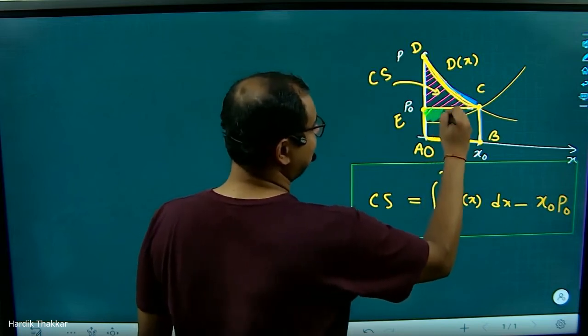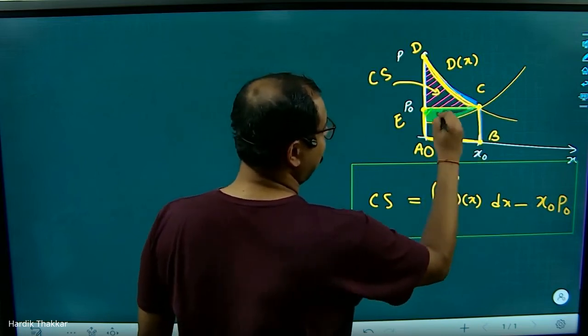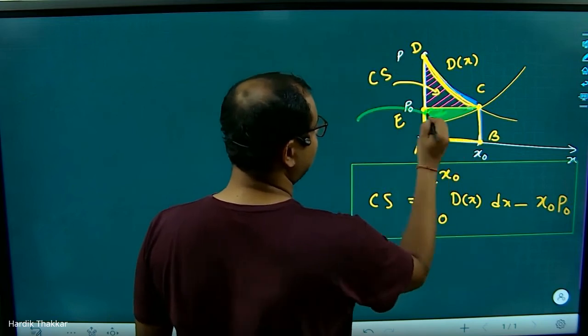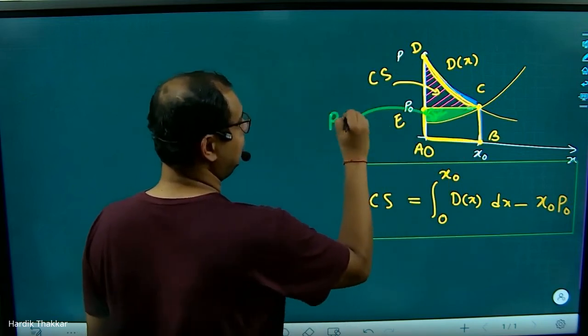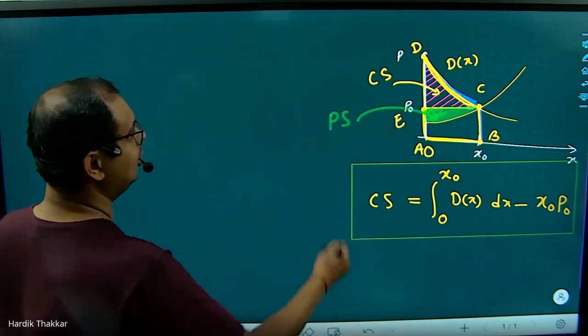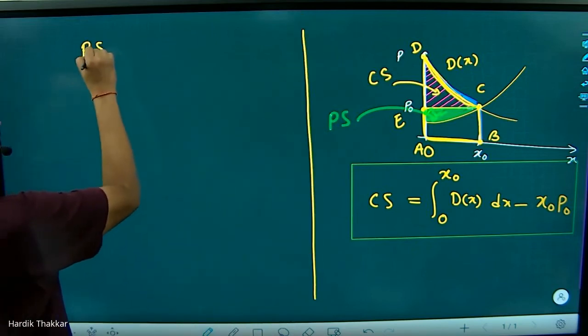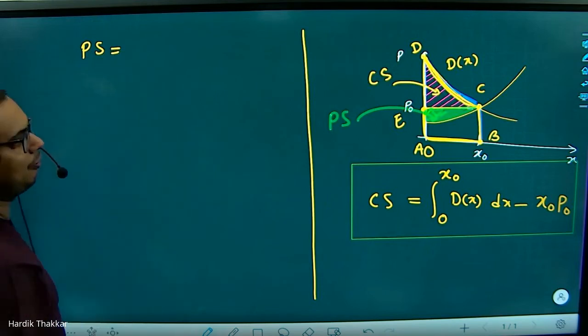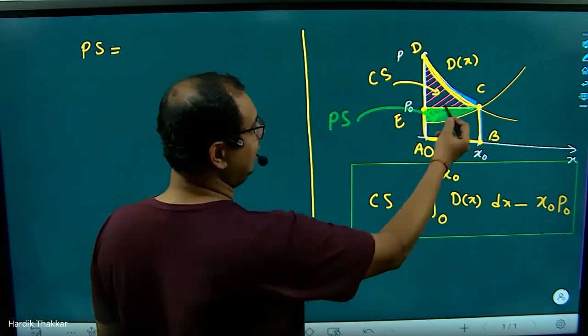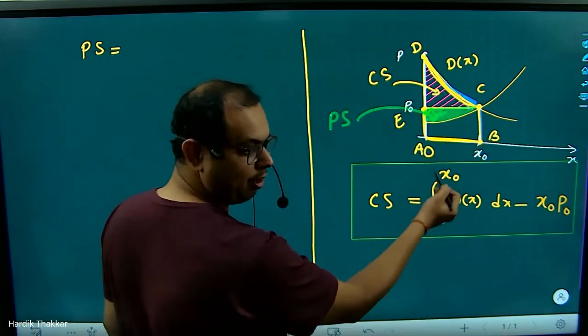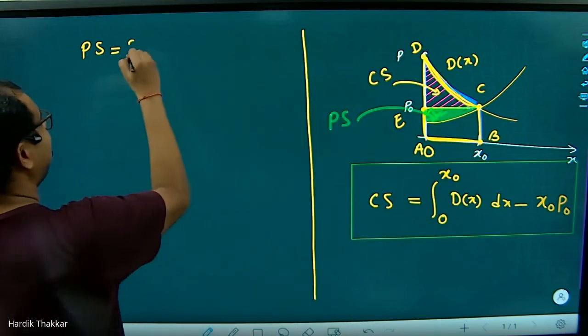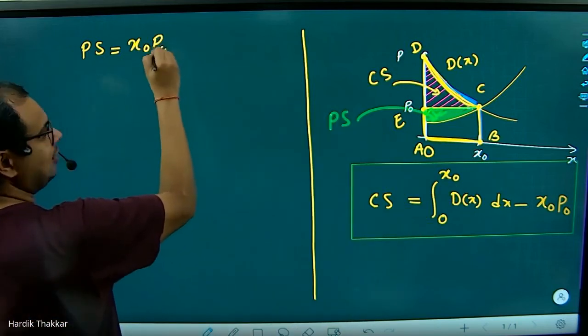Now this region which I am shading right now is that PS, producer surplus. Okay, so to find producer surplus, first we will calculate the area of this rectangular block, and its area will be x naught into p naught, correct?